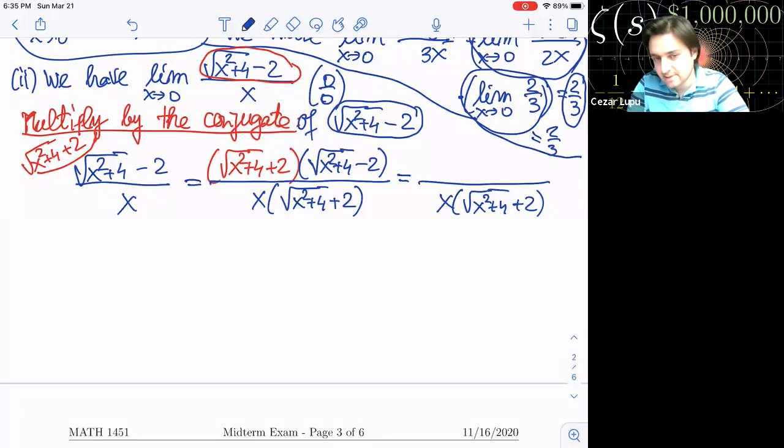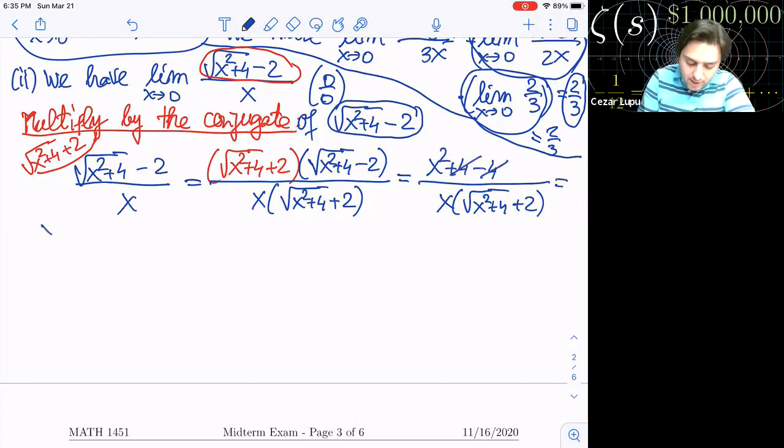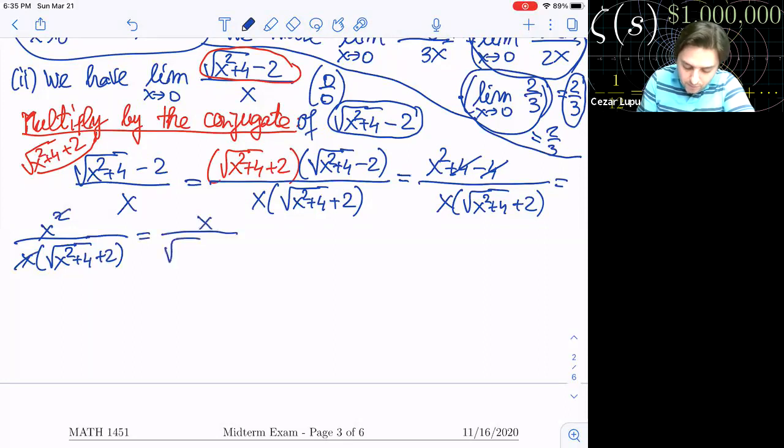Are you sure? 0. It's x squared. So we get x squared plus 4 minus 4, so these two will go away, which gives us x squared over x times the square root of x squared plus 4 plus 2. Great. So x will cancel here. So this will be x over the square root of x squared plus 4 plus 2.